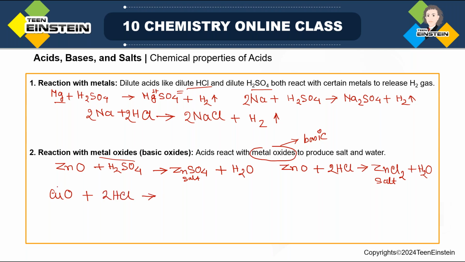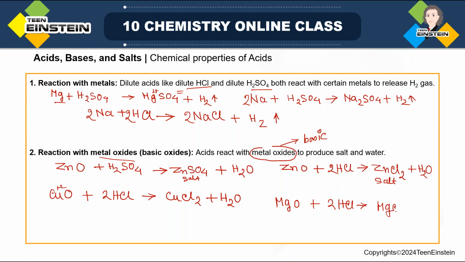And copper here is having 2 plus charge because oxide is 2 negative. Copper can have two types of oxidation state, but here it is 2 plus. There is another oxidation state possibility which is copper plus, but this one is copper 2 plus. So copper chloride is the salt and H2O, that is water, will be produced. Another metal oxide we will take, which is magnesium oxide.